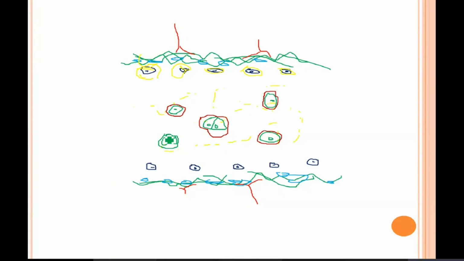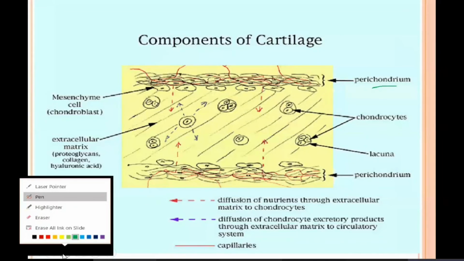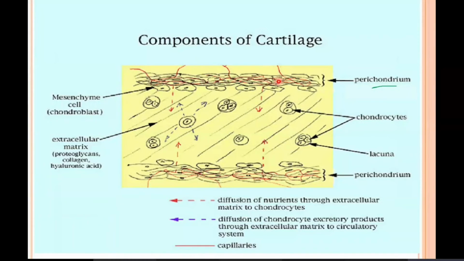All right, so this was a general structure, and I will explain that structure in the next slide, where we already have a well elaborated diagram. There you see, it will make it easy for us to understand the structure of the cartilage. The outer surface is the perichondrium on both ends. From the perichondrium, these mesenchymal cells differentiate into chondroblasts, which are the ground substance producing cells or cartilage producing cells.